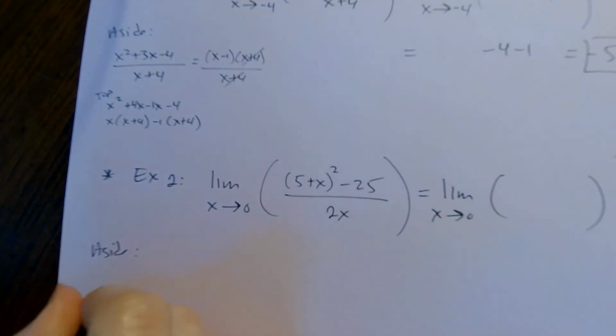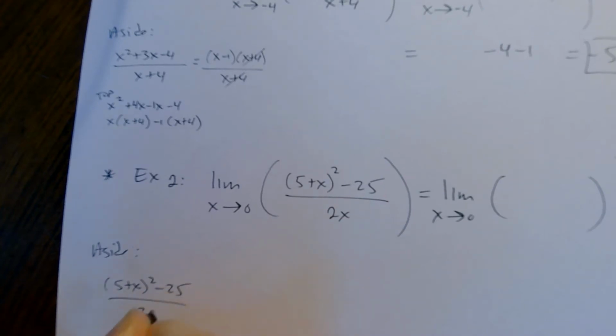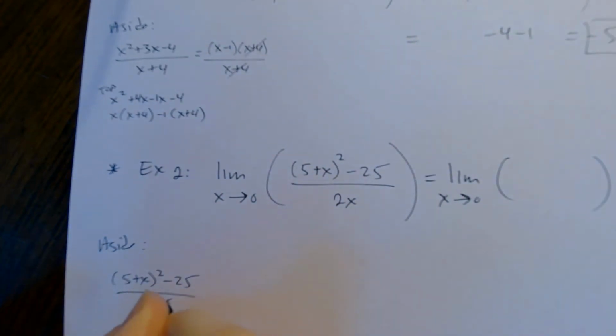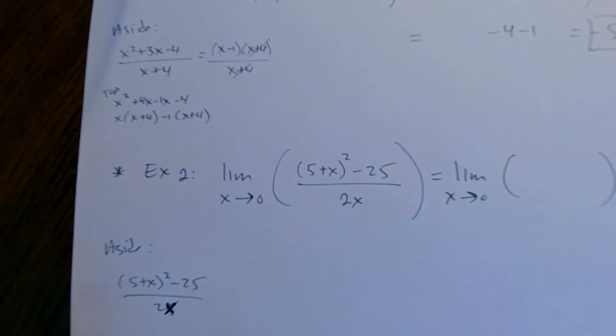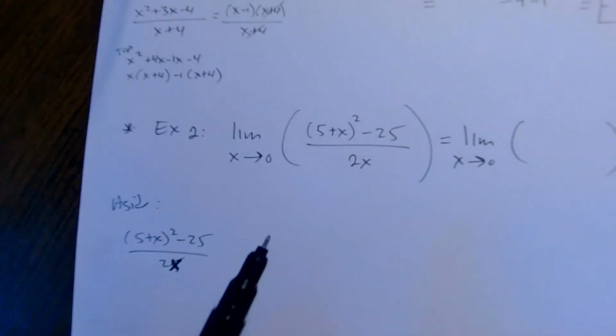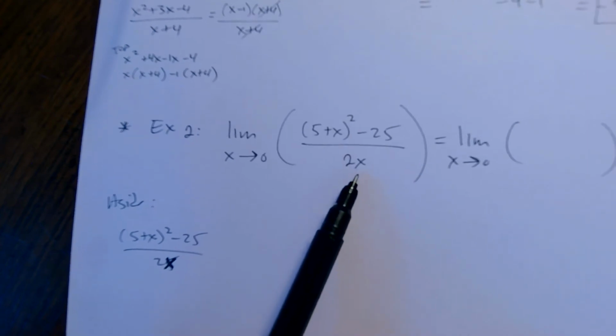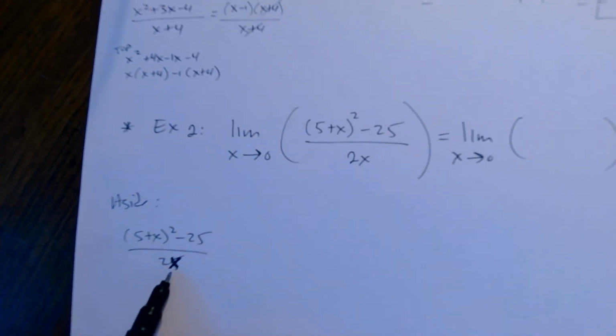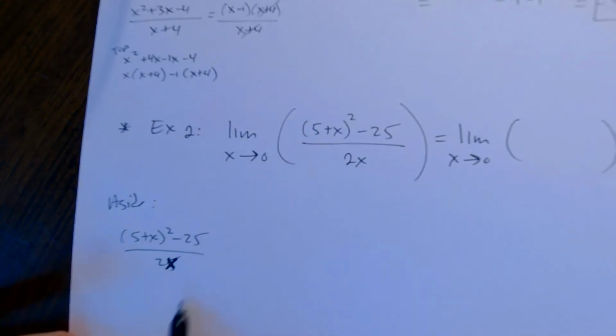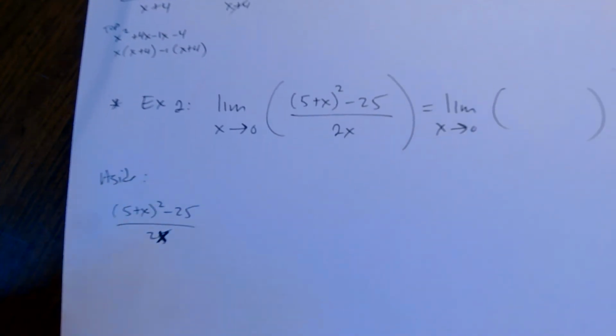All right, so I'm going to take the input on the limit. It's 2x. And what's giving me the problem here is the x. So if I could get this x to cancel, then I will be able to direct substitute.